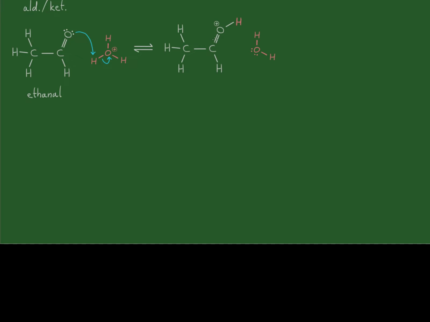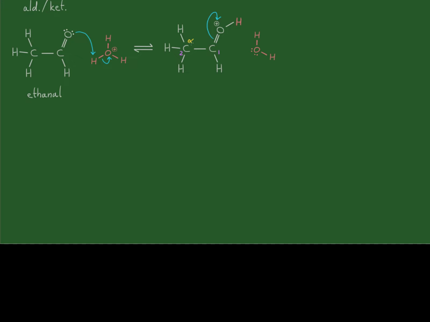The pi electrons between the carbonyl carbon and the oxygen will be attracted to the positive charge on the oxygen. The electrons between the alpha carbon, and let me label that one again, so there is my alpha carbon, and I'm also going to number them. So this is 1 and this is 2. All right.